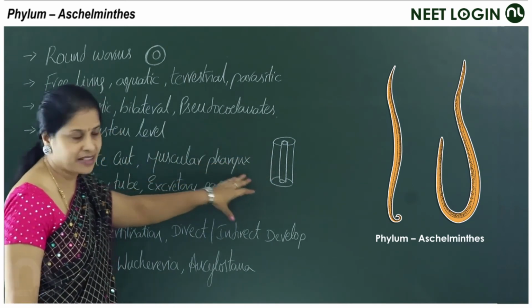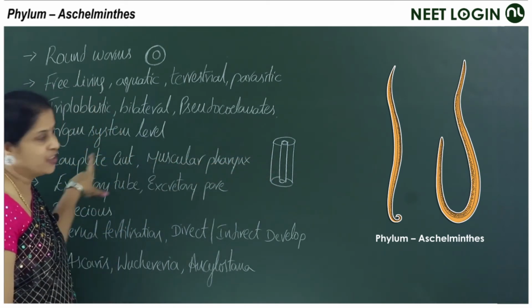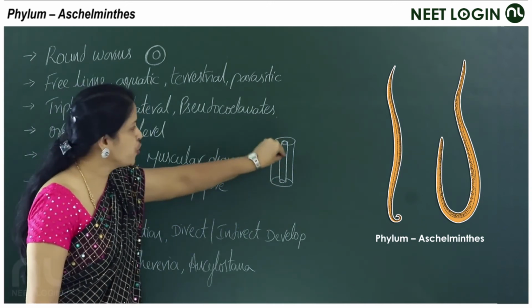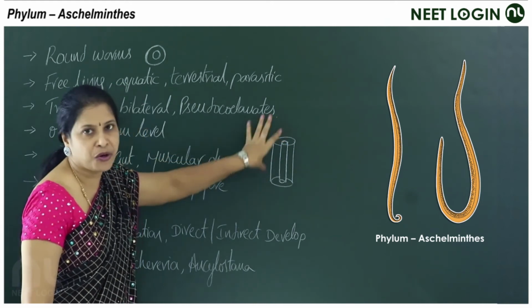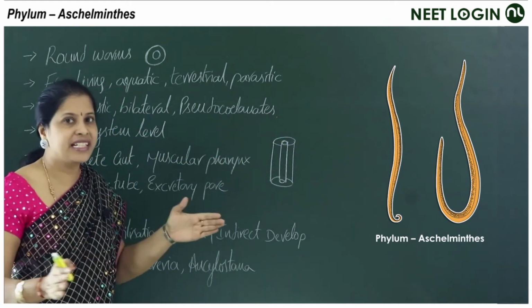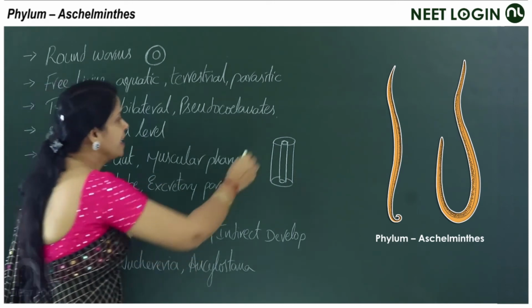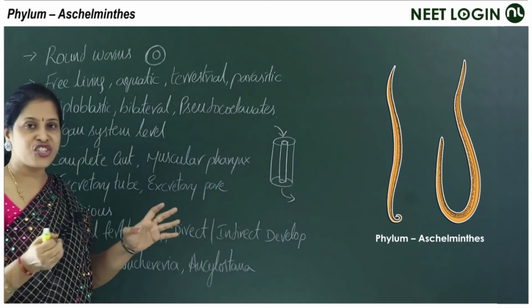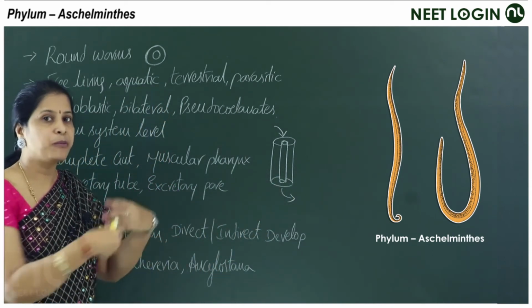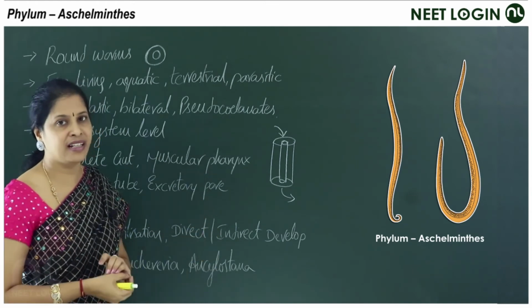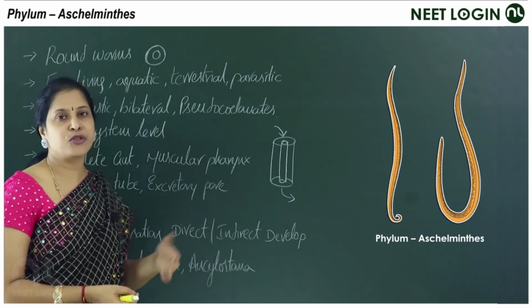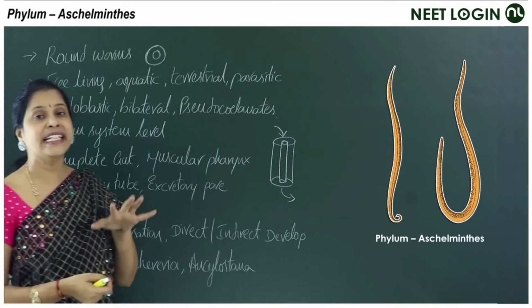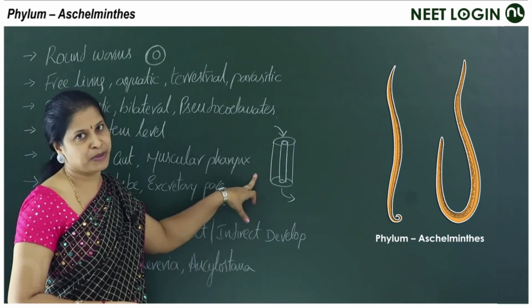Coming to the gut part, they show a complete gut. We can say here it is a tube within a tube organization. A complete gut is seen, a tube-like gut with one opening for ingestion and another opening for egestion. They have two openings. Previously, whatever we discussed in the phyla like Cnidaria and in the members of Platyhelminthes, they have a sac-like gut with a single opening, an incomplete gut, but here is a complete gut.